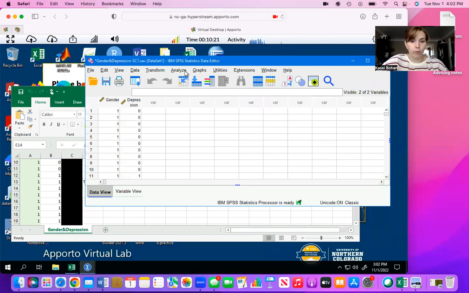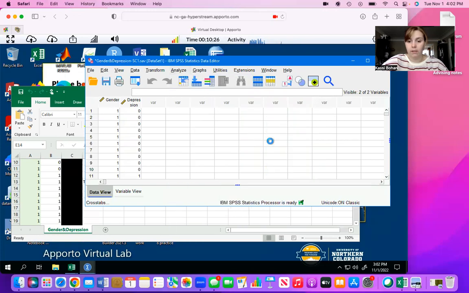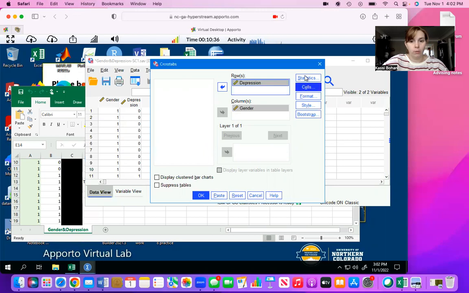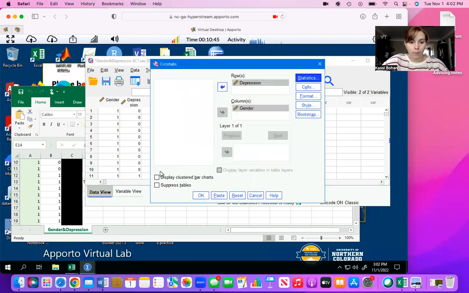I'm going to go back and do a crosstabs. So analyze, descriptive statistics, crosstabs. Okay, let's see if I can do this correctly. I want gender in the columns and I want depression in the rows. I want the chi-squared and the phi Cramer's V. I want to make sure I show clustered bar charts.